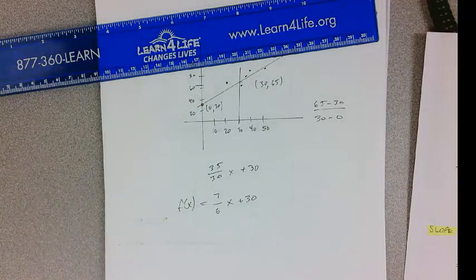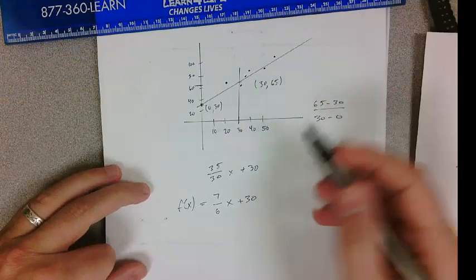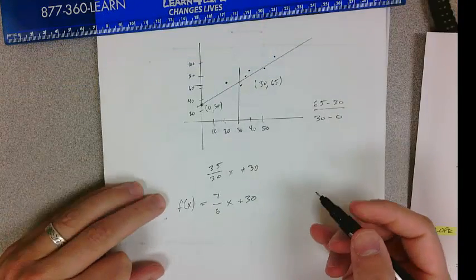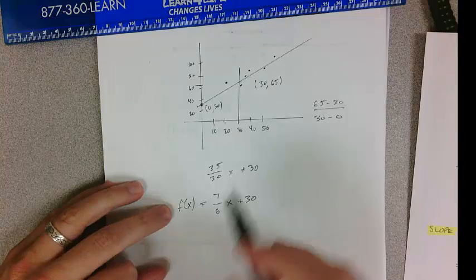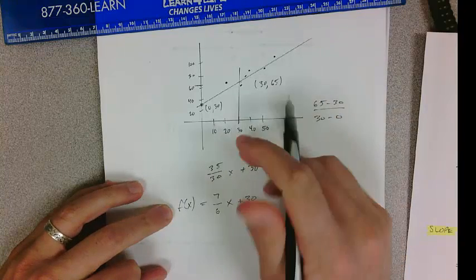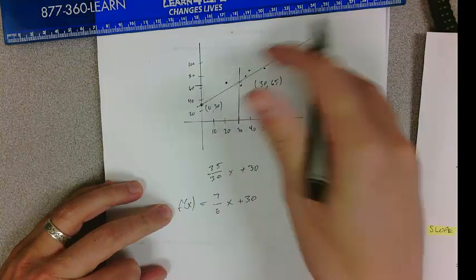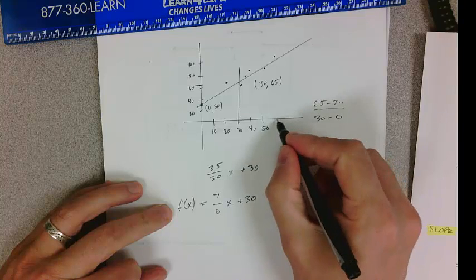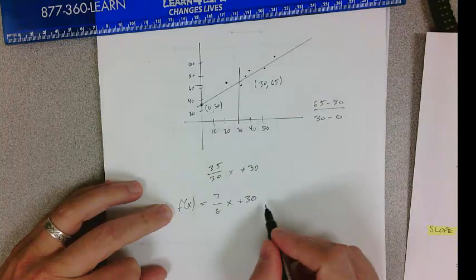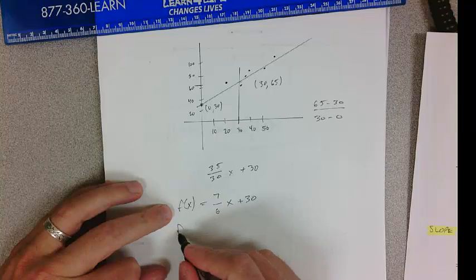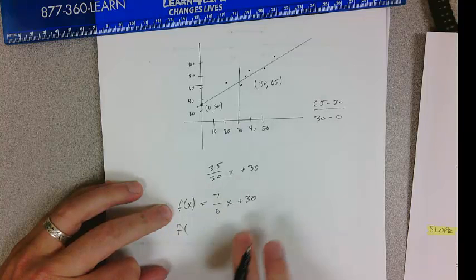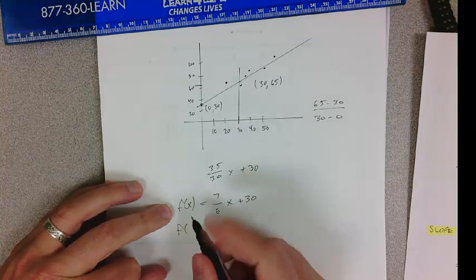Now, if I want to predict values that happen in the future, which is a pretty common thing with these lines of best fit, is to say, what would the value be at an x value of 100? So then you can just take that value and plug it into my function and find out what the prediction would be.